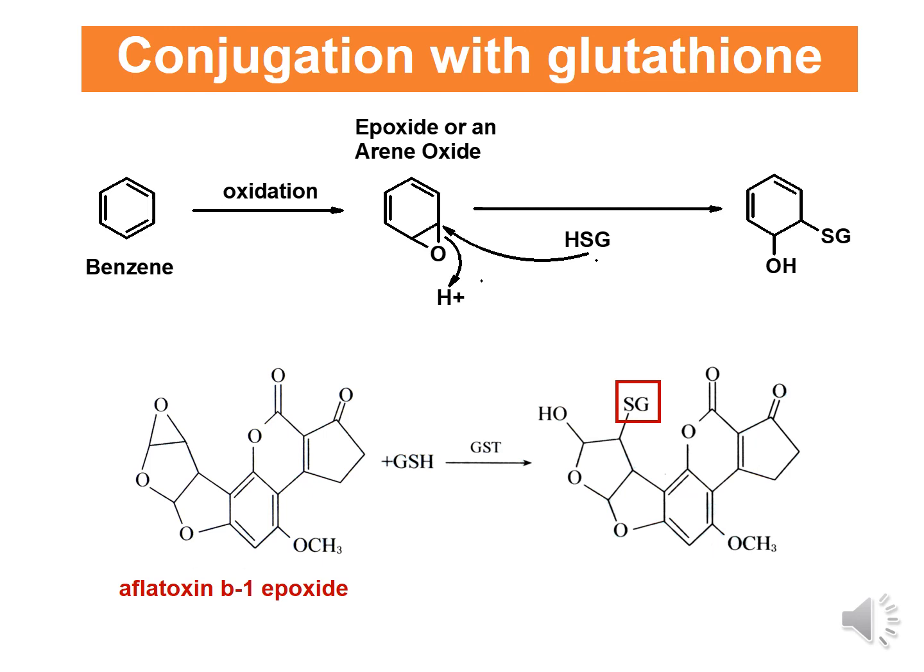The first example is benzene, which in the first phase is oxidized to epoxide or arene oxide, and then in phase 2 glutathione conjugation, we get an inactive product. The second example is aflatoxin epoxide and conjugation of this epoxide with glutathione.